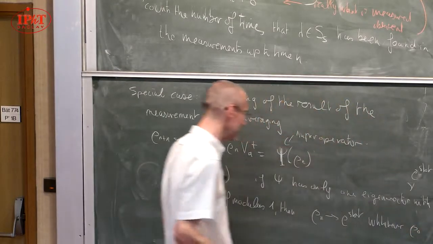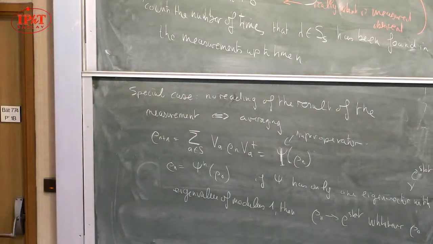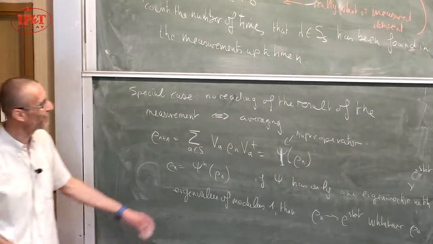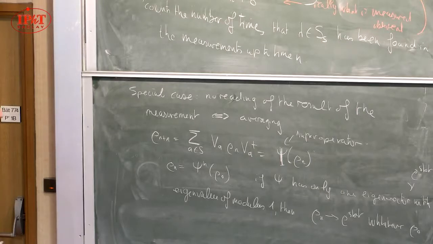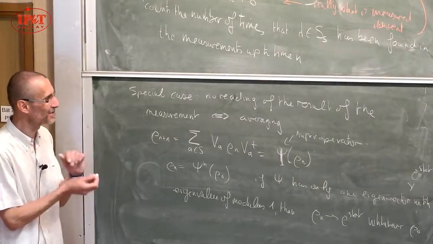So this is somehow easy. Of course, if the system is large, it might be difficult to diagonalize psi, but for small systems which we want to look at, this is not a difficulty.